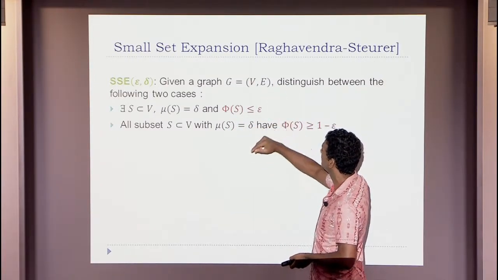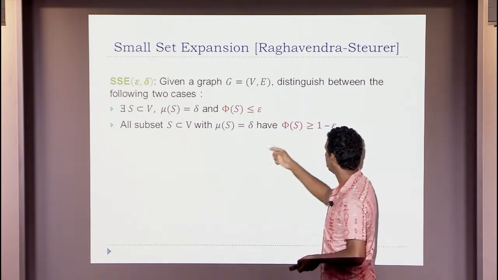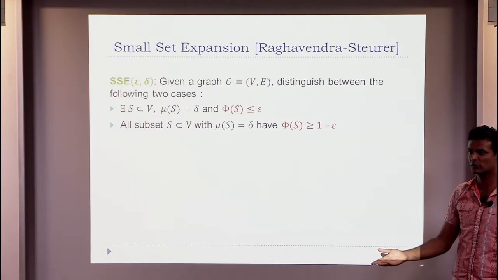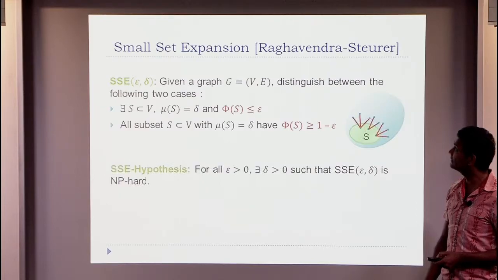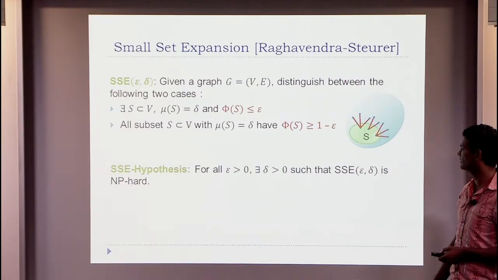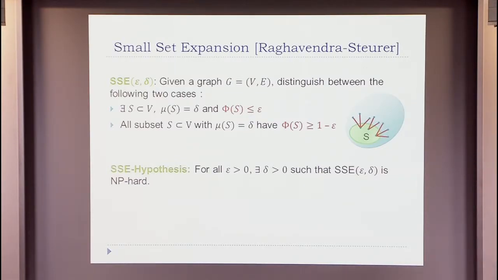Epsilon is part of the input. Or is it the case that for every subset of small measure, the expansion is at least 1 minus epsilon? Those are the two things you have to distinguish. And these guys conjectured that this is NP-hard. I think it's ridiculous myself, but they conjectured that it's NP-hard.